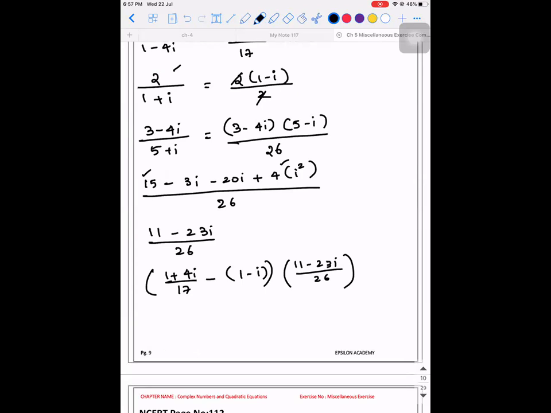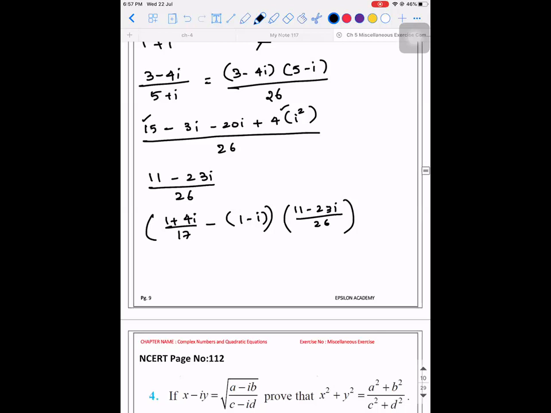Now what are you supposed to do? Collect all the real and imaginary parts. So 1 by 17 minus 1 is minus 16 by 17.